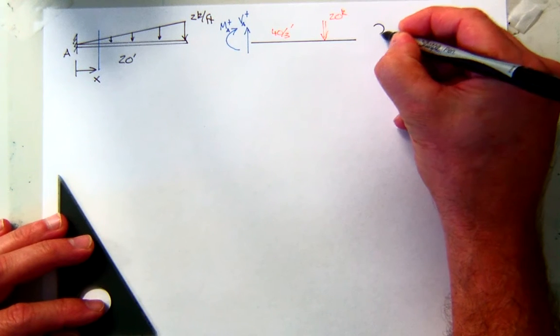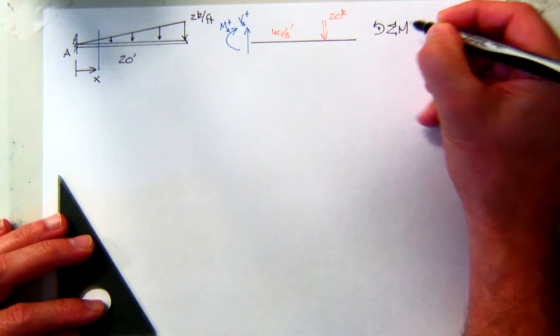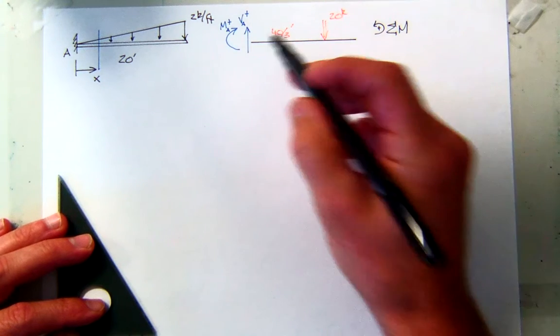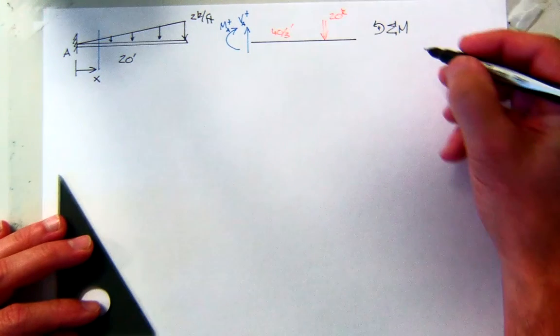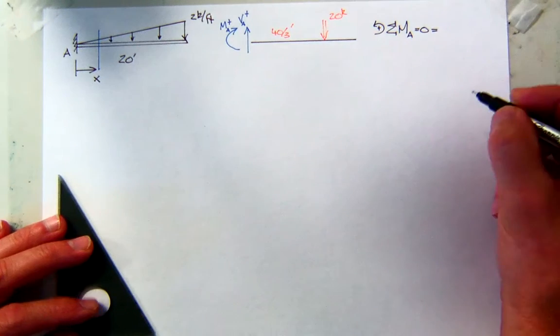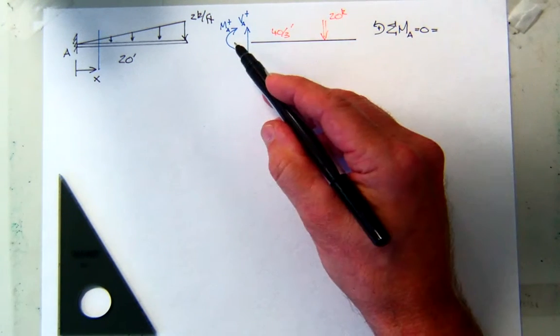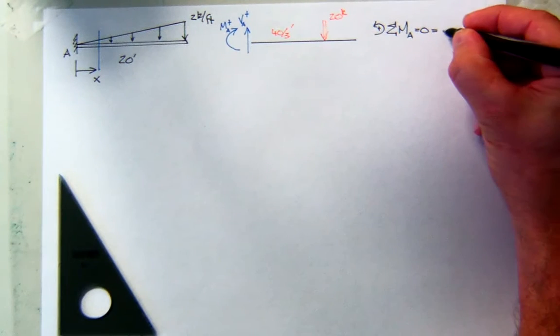So what am I going to do? I'm going to come and I'm going to sum moments. Where am I going to sum moments about? Probably point A. That means I won't have to worry about the shear force. And when I sum moments about A, what do I have? I have my moment at A, and with right-hand rule sign convention, this moment is negative.